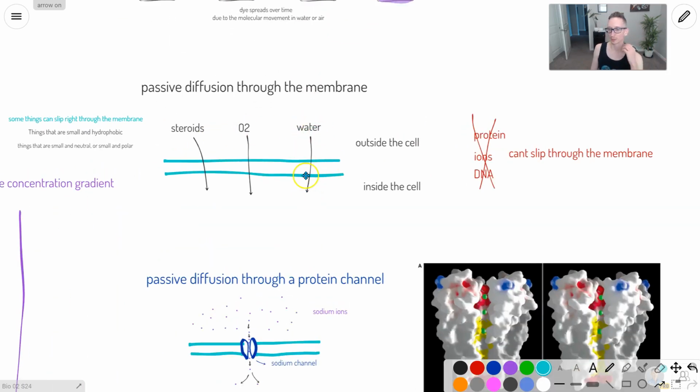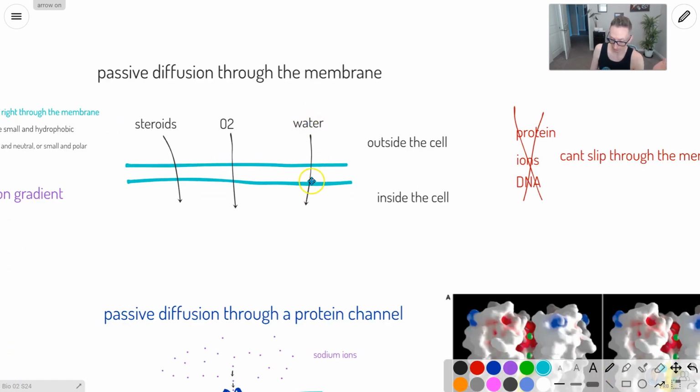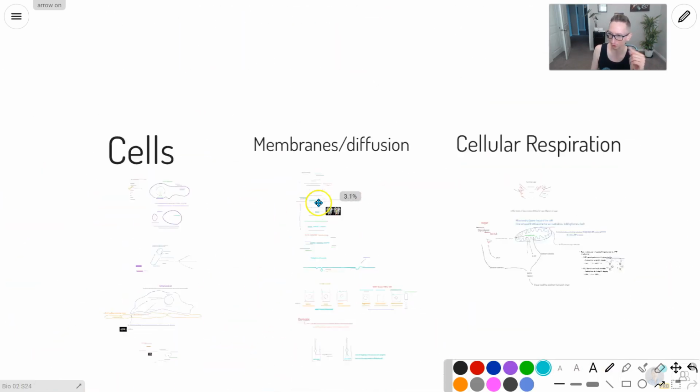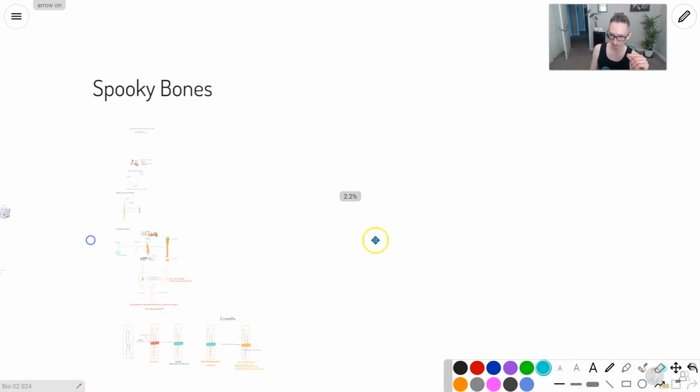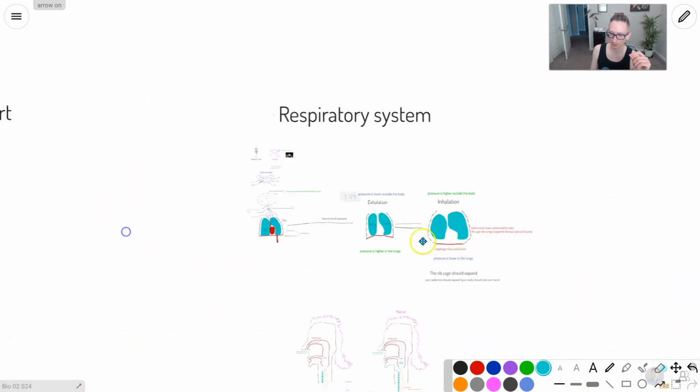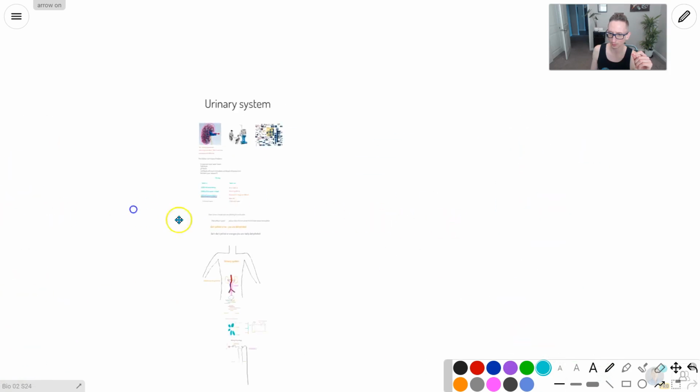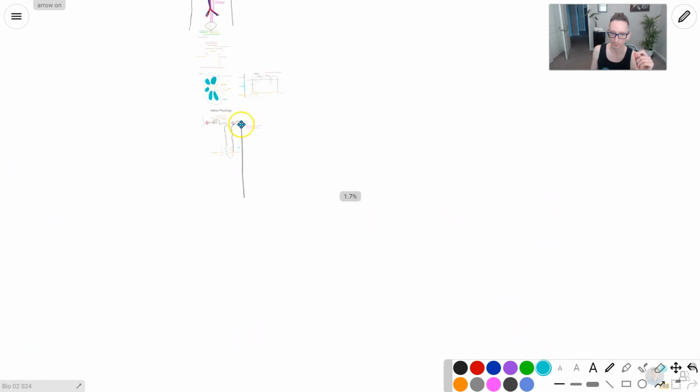Water can slip right through membranes, okay? But it's a polar molecule. It's not going to happen super efficiently, but it certainly can. But we can also speed up. We could put a little channel in the membrane that's perfectly sized for water that will allow water to slip right through that membrane super quick.